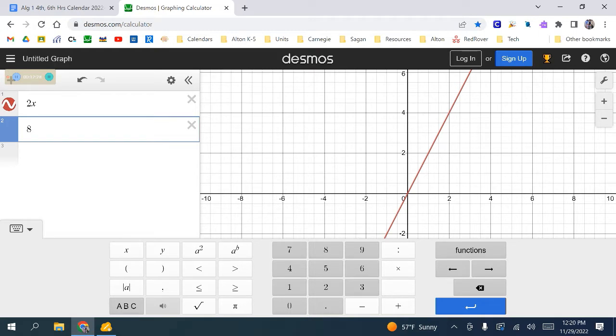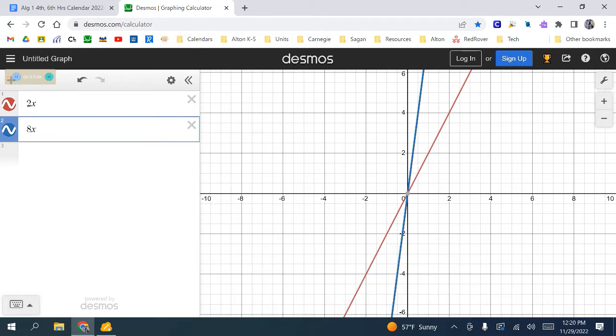So when I hit the x now, it's going to give me a new graph. Let's take a look at what it does compared to this original one. We get this blue graph going. What would you say is happening with this blue graph now? Steeper. It's definitely much steeper. So what we say is it's a vertical dilation by that factor 4.